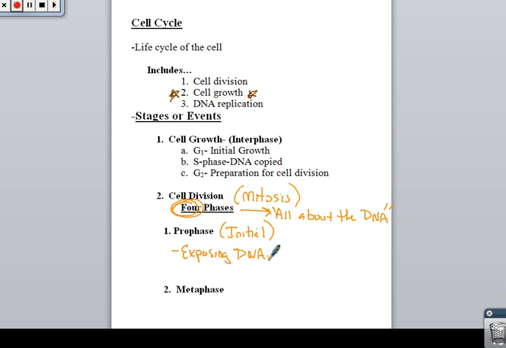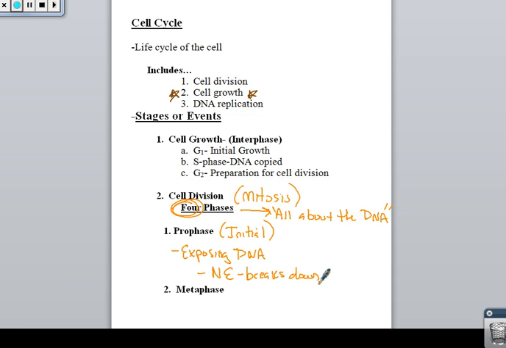So during prophase, the nuclear envelope (NE) breaks down. Now you have 2 copies of DNA floating in the cytoplasm, and they're ready for the next phase, metaphase.